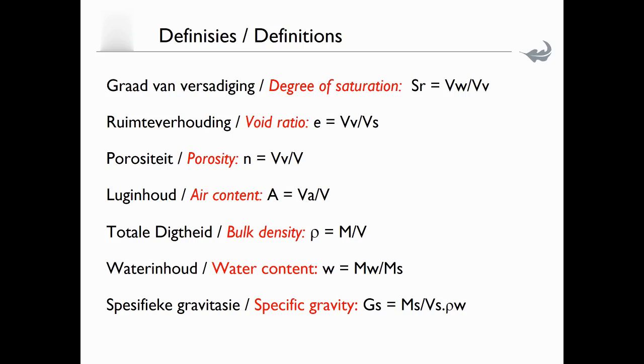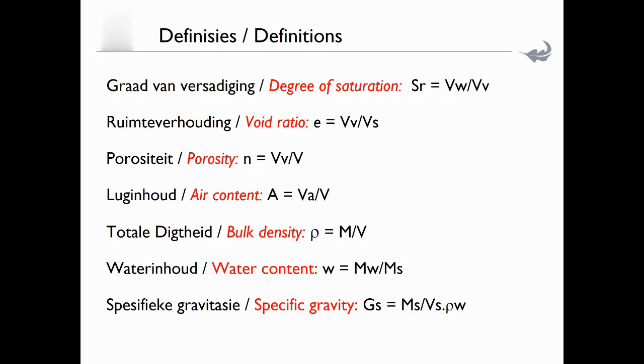So Sr is the degree of saturation and is defined as the volume of water over the volume of the voids. The void ratio, e, is an important concept because we will be using it a lot in determining consolidation, etc. The void ratio is defined as the volume of the voids over the volume of solids. Porosity, on the other hand, n, is defined as the volume of the voids over the total volume.